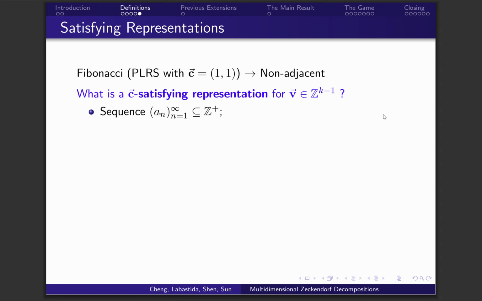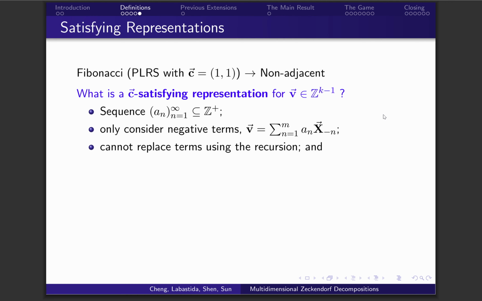First is the sequence a_n, which is contained in Z_{\geq 0}, and we only consider negative-index terms. Vector v equals the sum from n = 1 to N of a_n times vector x_{-n}. And it cannot replace terms using the recursion, and all the coefficients are bounded appropriately.